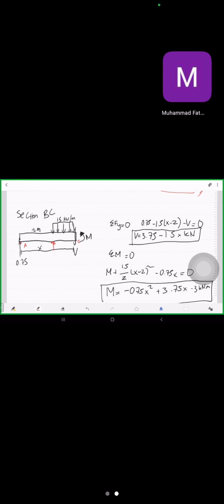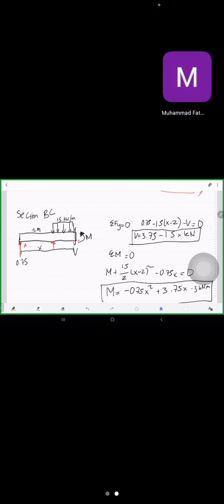With all of those forces acting, we can directly put it into the Newton calculations. In this case, we count the total forces on the y-axis equal to 0. On the y-axis, we have 0.75, and also 1.5 kilonewtons multiplied by x minus 2.